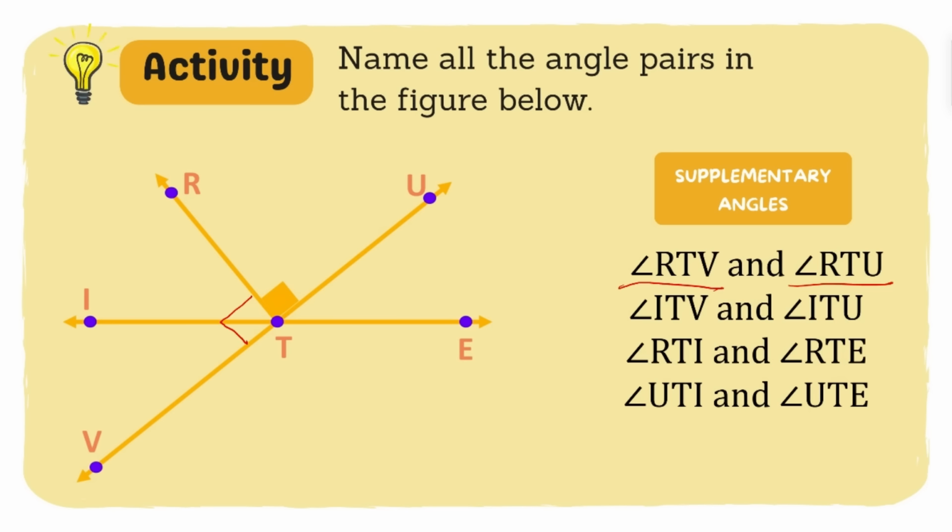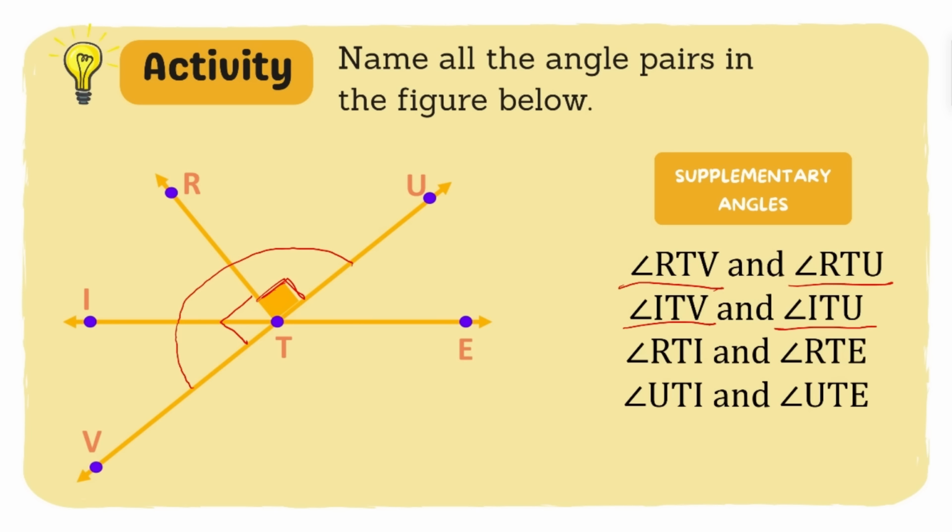At saka angle RTU, ito po, 90 degrees. So 90 plus 90, they both form 180 degrees. Next, angle ITV, this angle, and then angle ITU, ito po. So they both form 180 degrees.